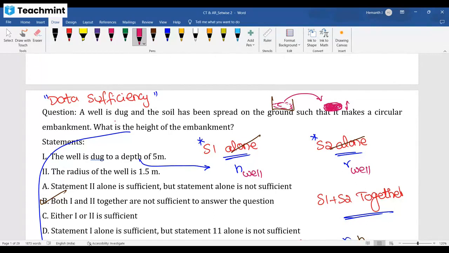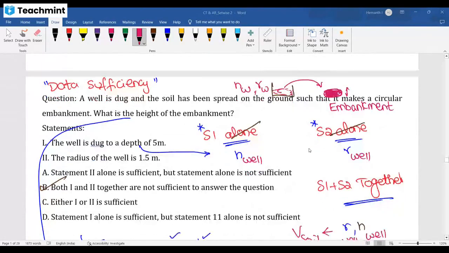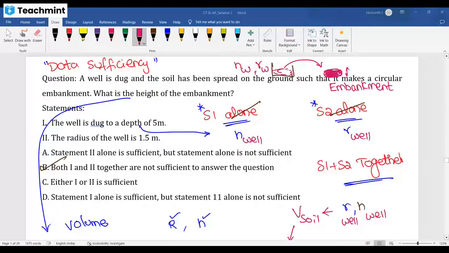The height of this circular embankment they're asking, not the height of the well. You know the height and radius of the well, not regarding the soil. That's why I said you need some other data also. Together not sufficient. With these inputs, we can say together not sufficient.